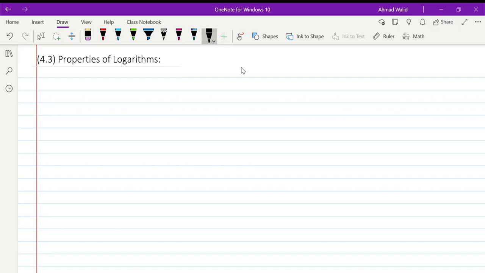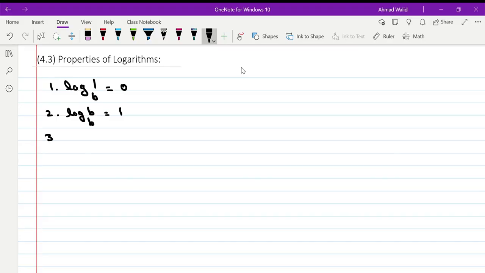In 4.2, we covered these rules. Rule number 1: if I have log of 1 base b, my answer is always 0. Correct? Rule number 2: if I have log of b base b, my answer is always what? 1.